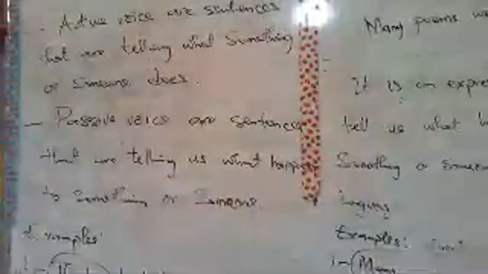Now, for the benefit of those that are just joining us, our topic for today is active and passive constructions. If you could remember very well, when you were in Basic 7, you were taught the definition of active voice and that of passive voice.